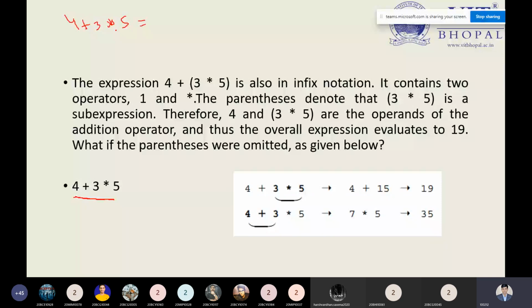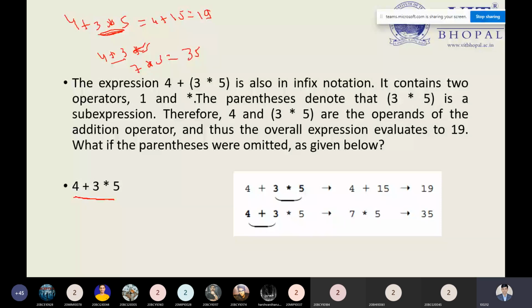Okay, 19, because according to BODMAS, it will be 19. Yes, of course. According to BODMAS, the answer will be 3 into 5, that is 15, plus 4. So we got 19. Another approach is to execute 4 plus 3 first and then multiply by 5, so that is 7 into 5, and I will get 35 as well.